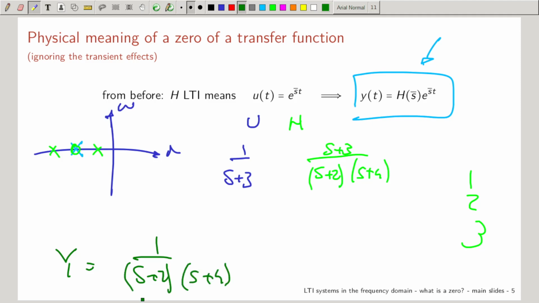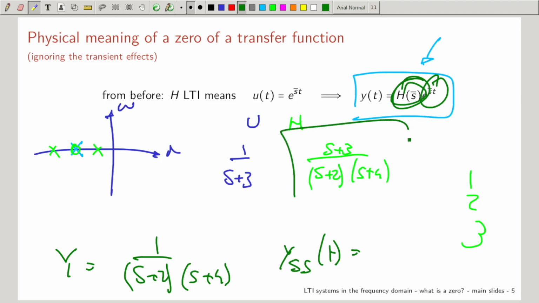And that y steady state of t, due to the sinusoidal fidelity, is H evaluated at that exponential? That H evaluated at that exponential is going to be 0, because this is minus 3. Together? So essentially, a zero of a transfer function indicates a type of exponential that doesn't go through.